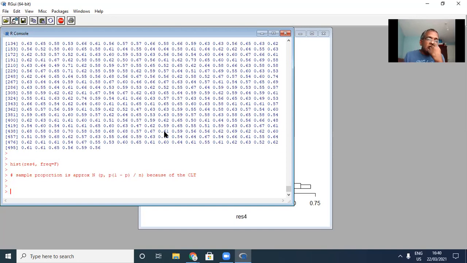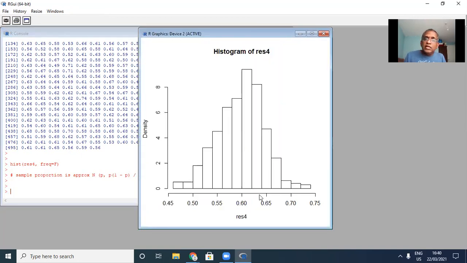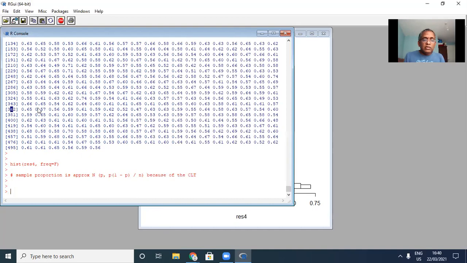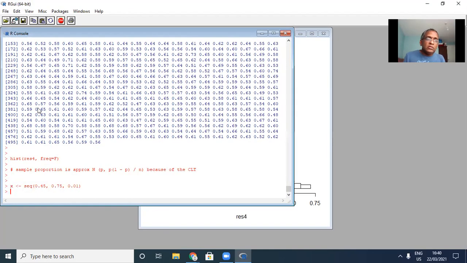Now I'm going to illustrate this result. Let me go back to the histogram. Let me define the x values to range from 0.45 to 0.75. So I'm going to define x as a sequence from 0.45 to 0.75 in steps of this. And now I'm going to define y as the density of the normal at x, with the mean equal to p.